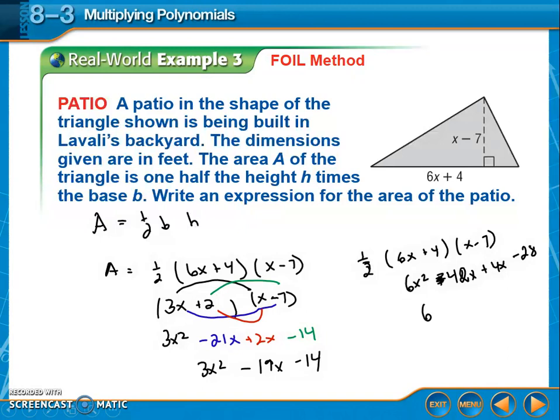So this becomes 6x squared minus 38x minus 28. And then this whole thing was being multiplied by 1/2. So I'm going to get at the end 3x squared when I multiply it through that 1/2, minus 19x minus 14. And it's the same answer.